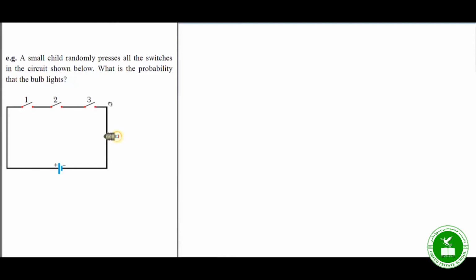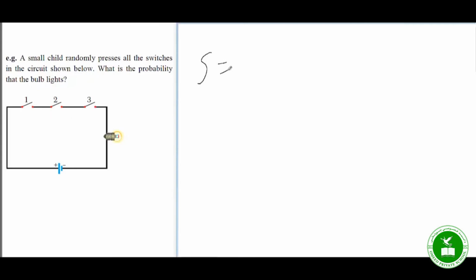But first of all, we should find the number of sample space, related to the switches or the circuits which are open or not. If one of these switches is open, the light will not turn on. If all of them are closed, the light will be on, or the bulb will light. So in this case, let's find the number of sample space.